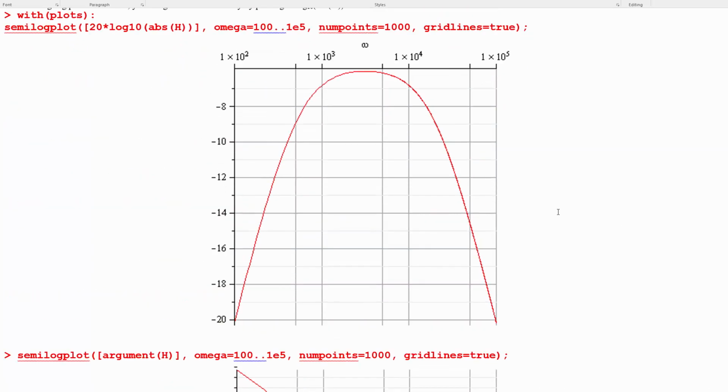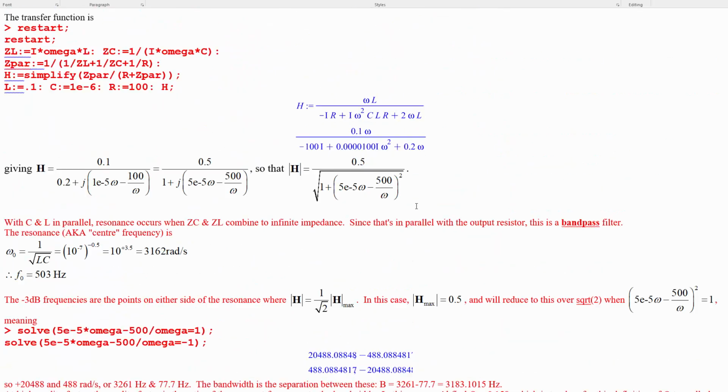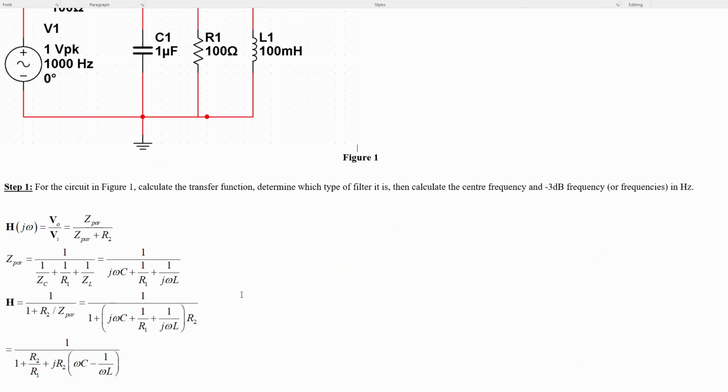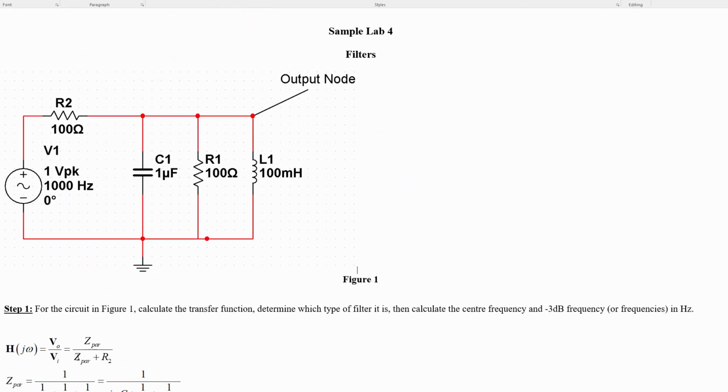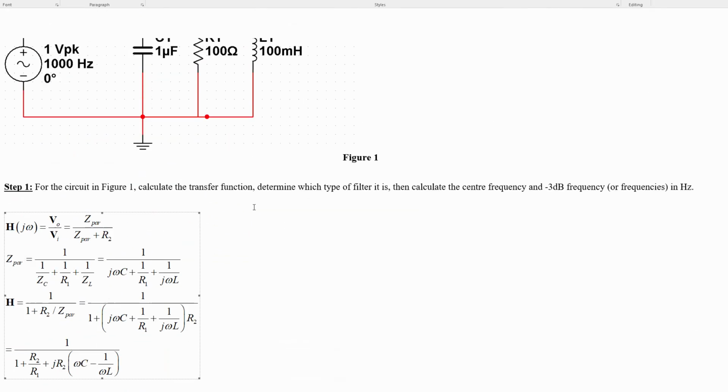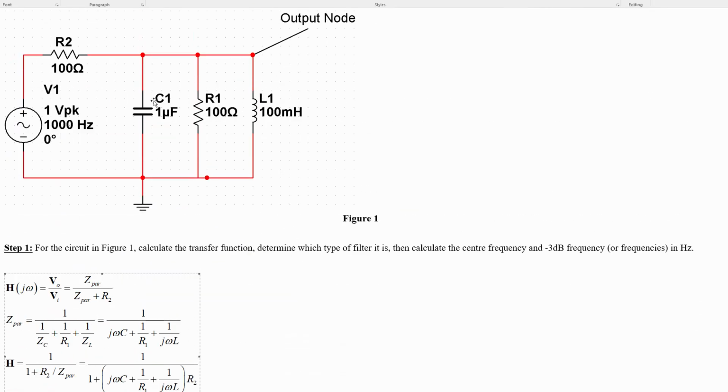when we're looking for them in Multisim. So in conclusion, we figured out the transfer function by keeping the frequency in our complex impedance and doing the same kind of voltage divider stuff we were doing with AC network analysis. We figured out what the type of filter was by looking at the transfer function.